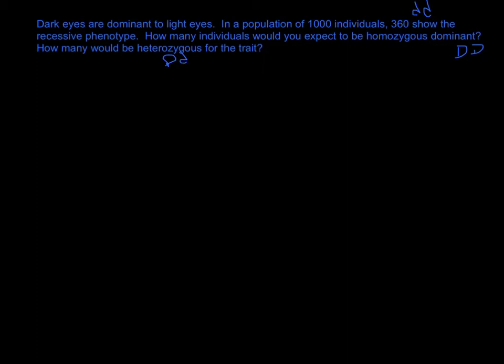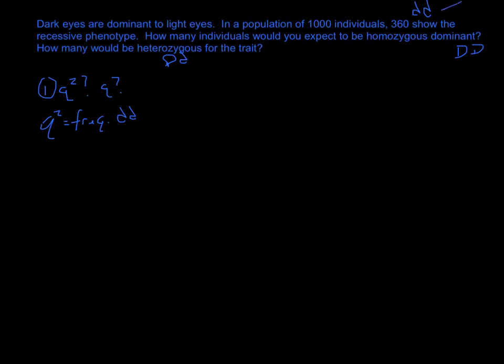Now, always start through a q-squared door. So step 1 is figuring out what is q squared, and therefore what is q. Now, q squared is the frequency of homozygous recessive, right? So q squared equals the frequency of homozygous recessive, which in this case we can say is 2 little d's.